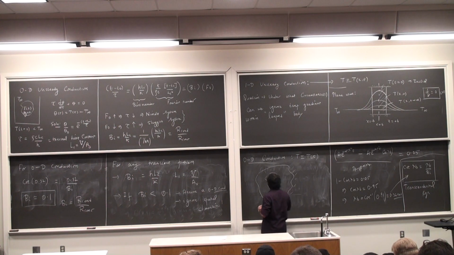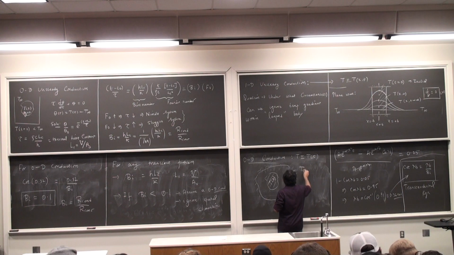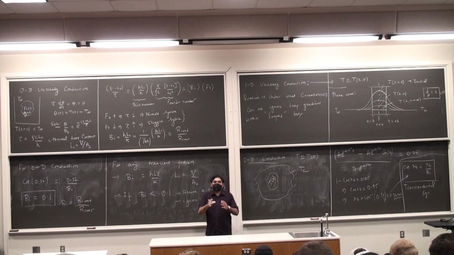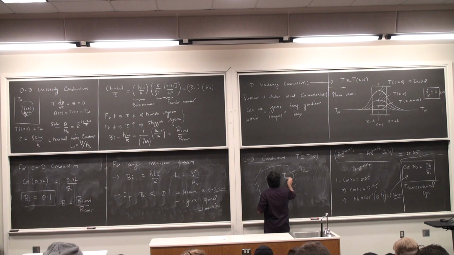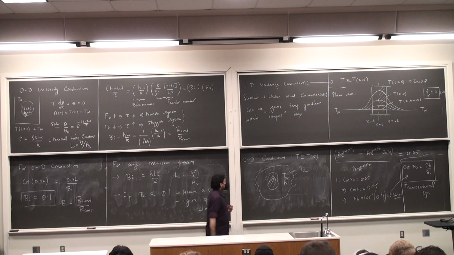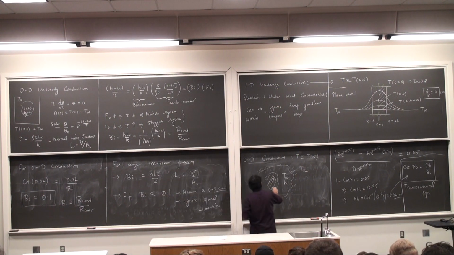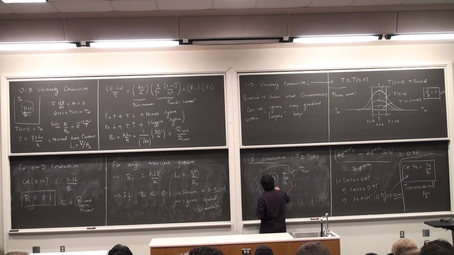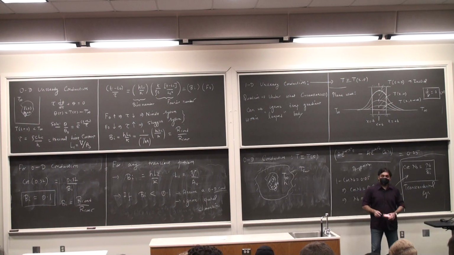Surrounding temperature, T surrounding, then I have ambient temperature T infinity, and h and so on, and then I'm going to have energy generation within this lump, so E dot G is not zero, and I'm going to assume the following.